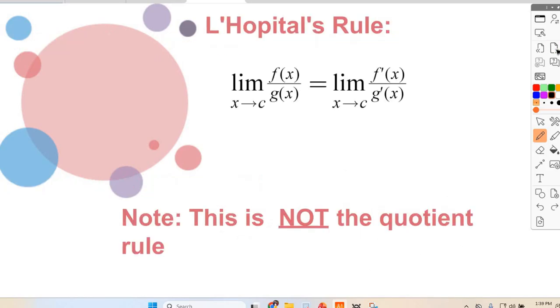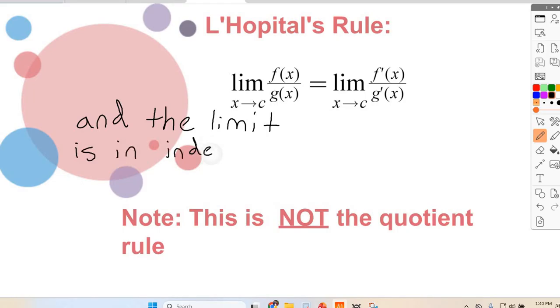So L'Hopital's rule tells us that if I have this limit, and the limit is an indeterminate form, substitution, okay, we will take the derivative of the top and the derivative of the bottom.